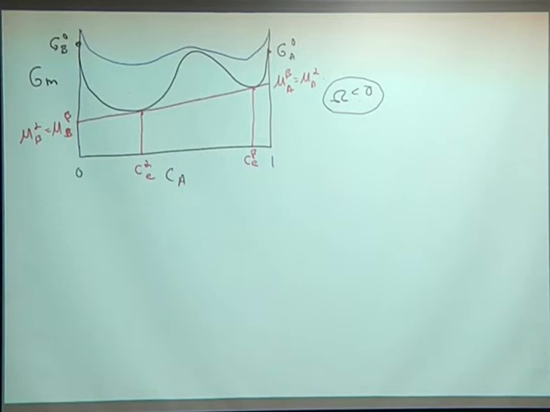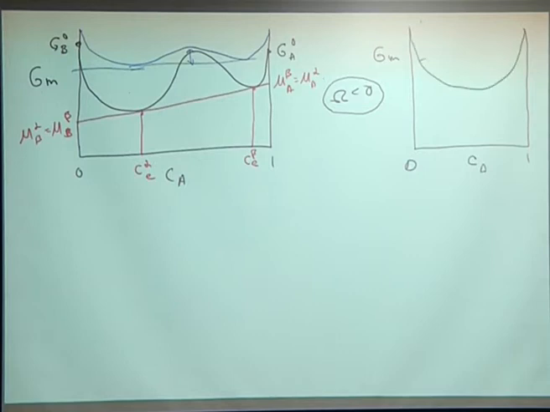What happens is that the height of the common tangent, this distance here, gets smaller and smaller until eventually you get to very high temperatures and the wells disappear altogether. So if I plotted the free energy at very high temperatures, it would basically just look like this.